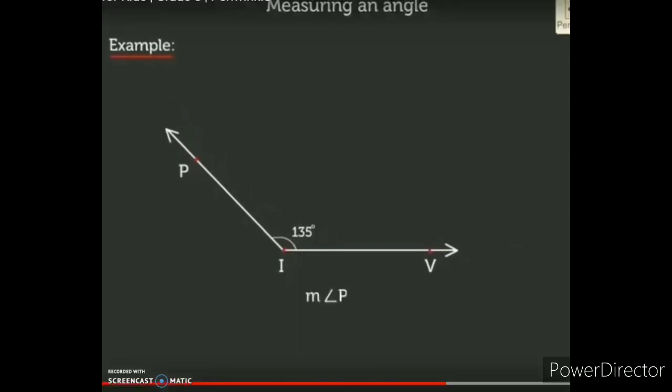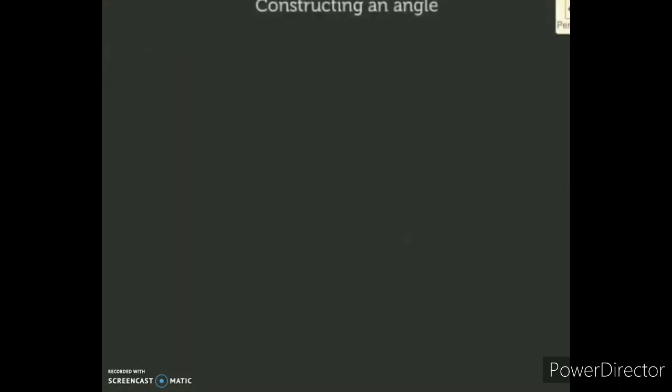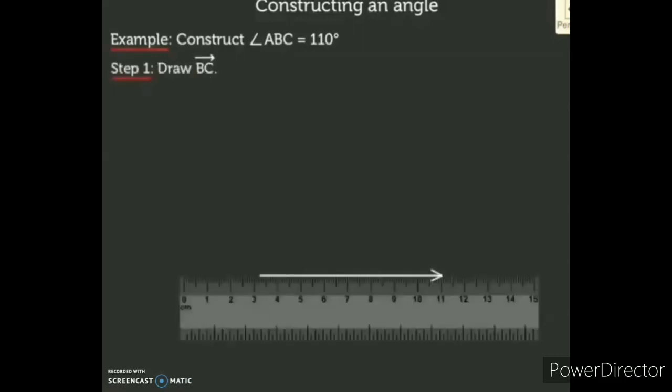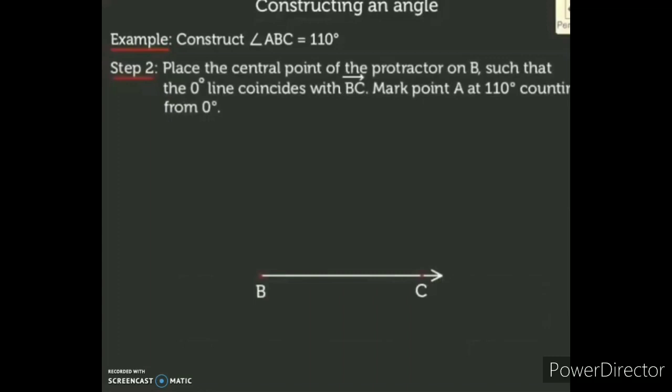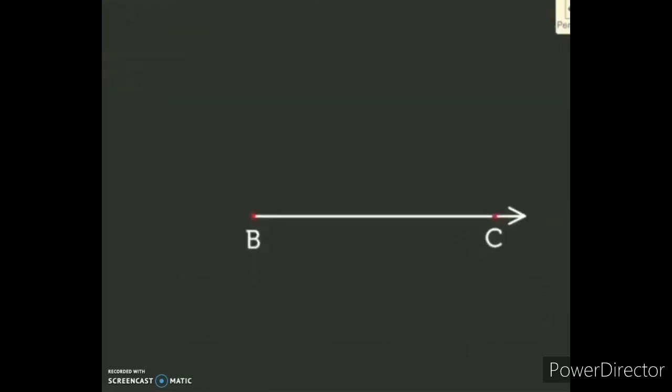Next, children, we will see how to construct an angle. The first step in construction of an angle is drawing the baseline of the angle. The base of the angle will be ray BC. We will draw ray BC using our scale or ruler.